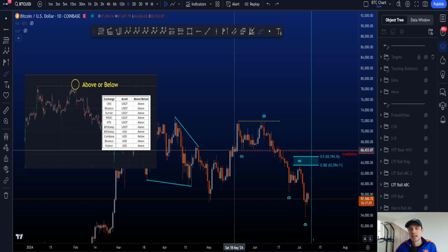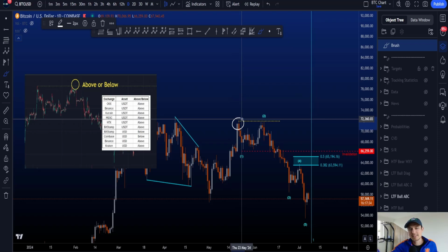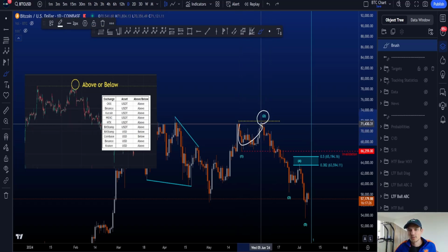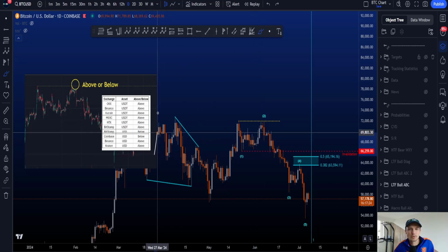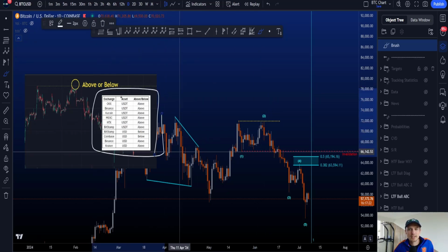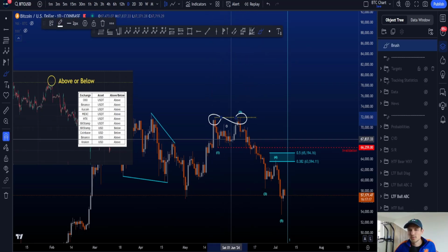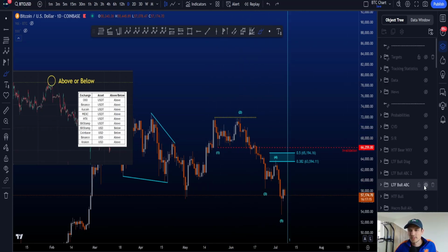So you can see that the probabilities are higher for this high to actually be taken when we compare all the different exchanges compared to using a scenario that you see on the chart here, where we then count this high as a wave 2, because it would go against the probabilities of the high being taken, which means this is an invalidation actually of this impulse 1, 2, 3, 4, 5 to the downside.